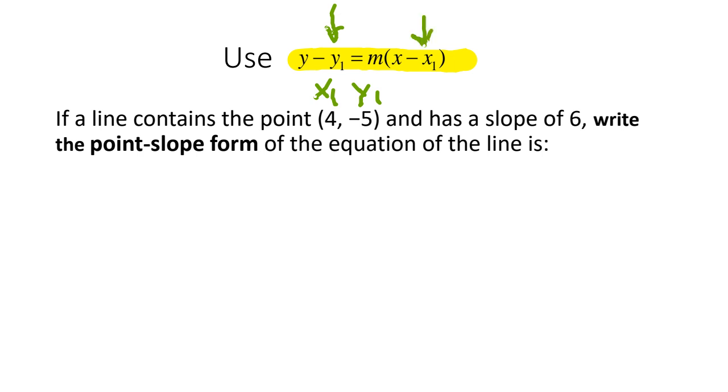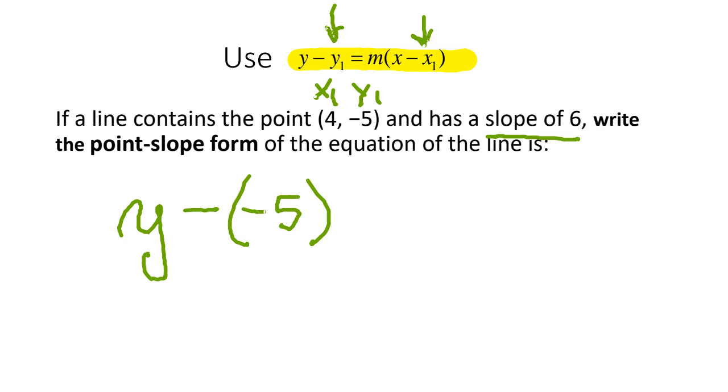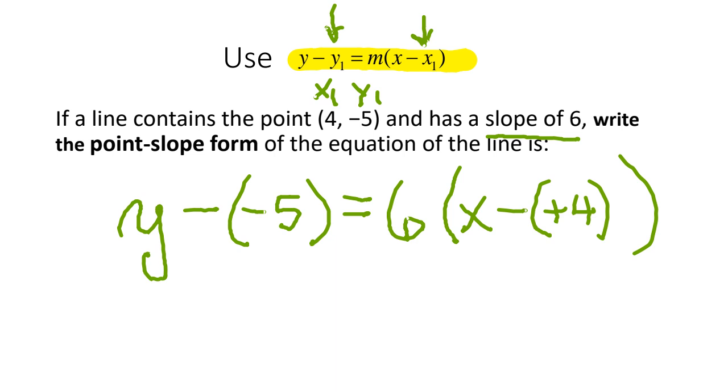Well, this will give me y minus a -5 equals my slope of 6, x minus a +4. Well, I got to get rid of some of these extra parentheses.